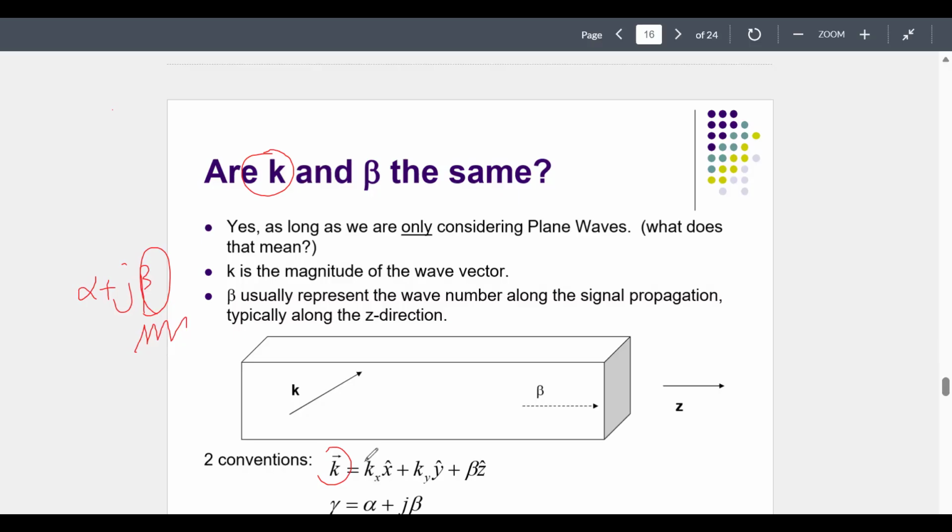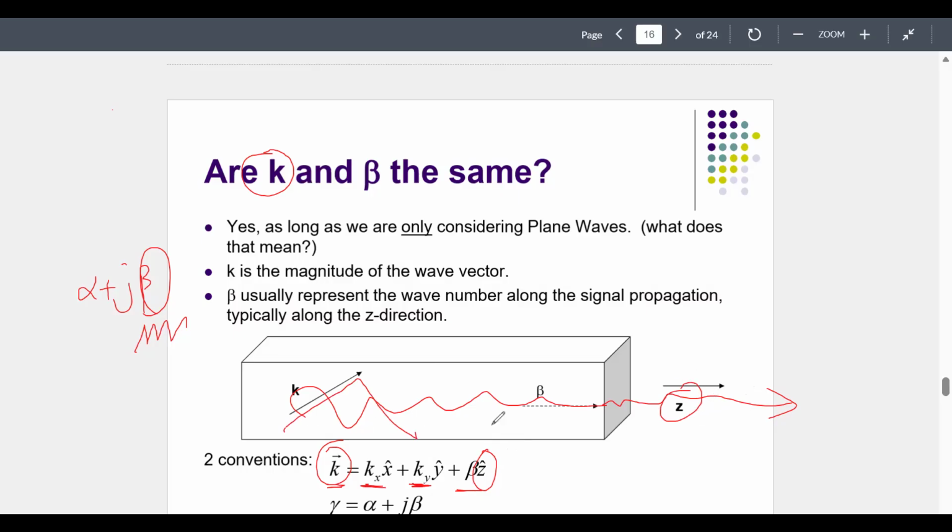So let me repeat. K is a wave vector, right? It's how the wave oscillates and propagates. In general, it's a three-dimensional vector. It has X, Y, and Z components. The convention a lot of times is we take the Z component. If this is inside a waveguide, optical fiber, or coaxial cable, and the signal goes in this direction along my guide, then this is my Z direction.